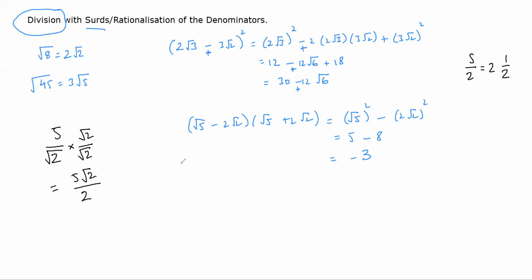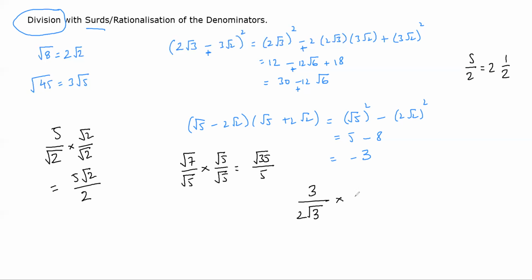Now suppose you have under root 7 over under root 5 maybe. You need to multiply this by under root 5 over under root 5. So this is under root 35 over 5. That's it. Okay. Suppose you have 3 over 2 under root 3.